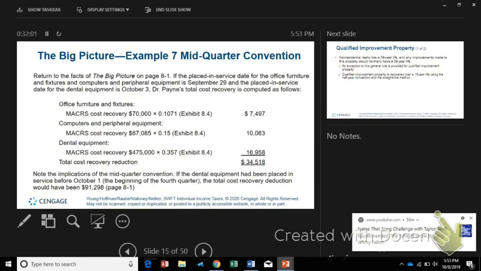mid-quarter convention. All right? Mid-quarter convention says that our computer, which we just said, was purchased on 9/29. It's a 5 year, so that's the third quarter. So we take 67,085 times 0.15. That's 10,063. Put our 70,000 back up here because that was also in the third quarter. The third quarter of a 7 year, so we're going to take 70,000 times 0.1071.